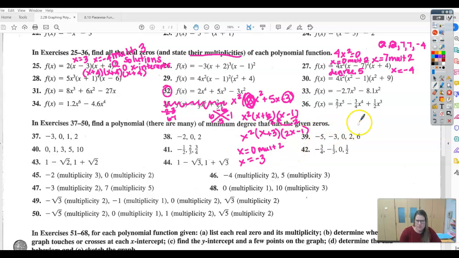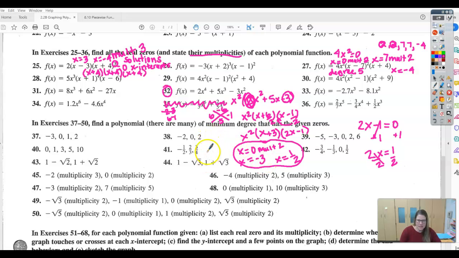For 2x minus 1, remember I would need to set 2x minus 1 equal to 0 to find the x value that makes that work. Add 1 to both sides, so 2x equals 1, and then divide by 2. So x equals 1/2 is my fourth 0. So these are the zeros. They all have multiplicity 1 except for 0, which has a multiplicity 2.